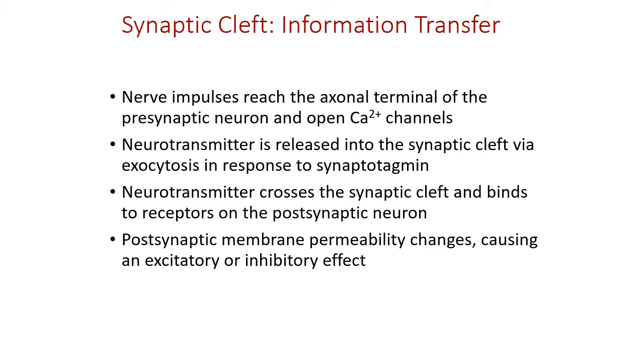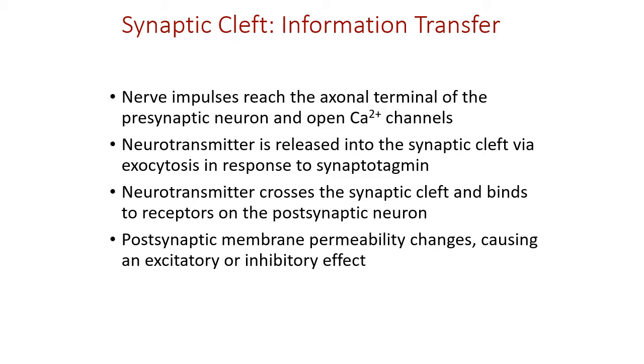And that influx of calcium is going to trigger the release of that neurotransmitter into the synapse. And so we're going to exocytose the neurotransmitter out of the presynaptic neuron into the synaptic cleft. It's then going to migrate across, bind to a receptor on the postsynaptic neuron, and then from there it's going to make some sort of change in that postsynaptic cell.